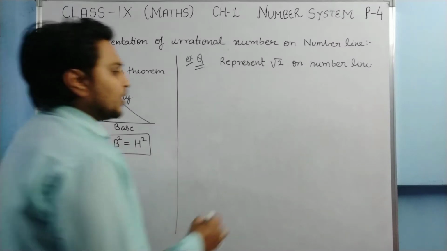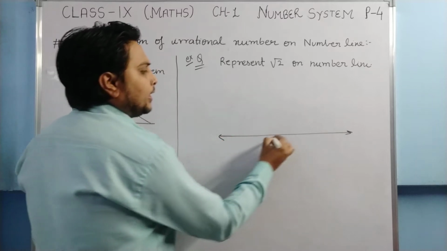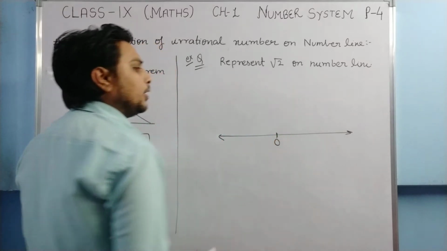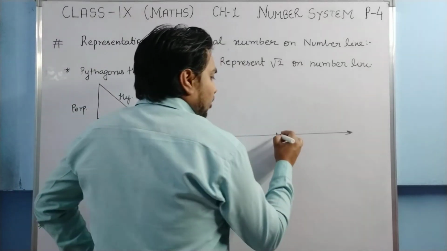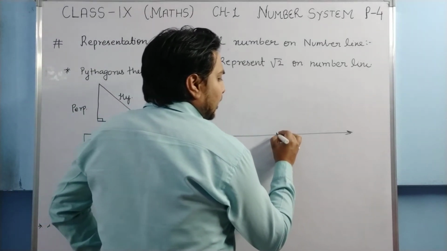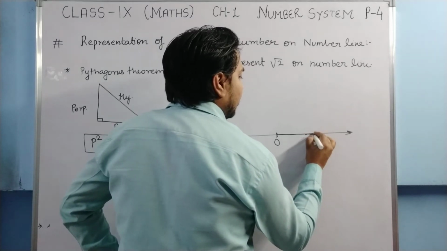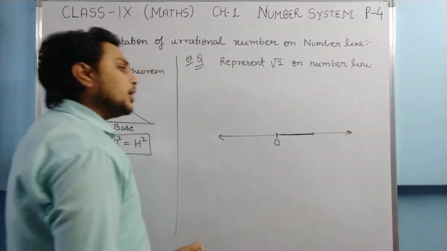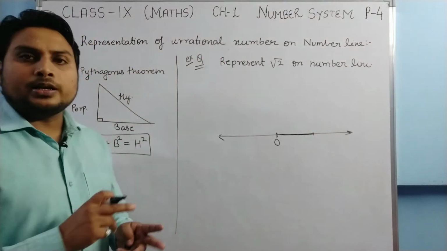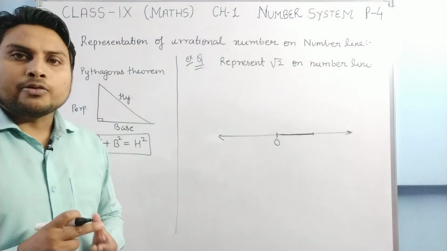Let us see. Suppose this is a number line, and here it is 0. From this 0, if you take 1 unit at base, 1 unit means you can take 1 centimeter, 1 inch, or some fixed distance you can assume as 1 unit.